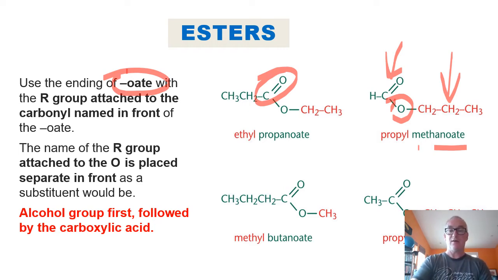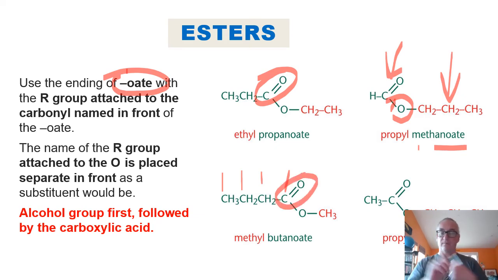Now down here, we have the opposite. Here we've got 1, 2, 3, 4 carbons in the group with the carbonyl. We include the carbon attached to the carbonyl. That's important to remember.